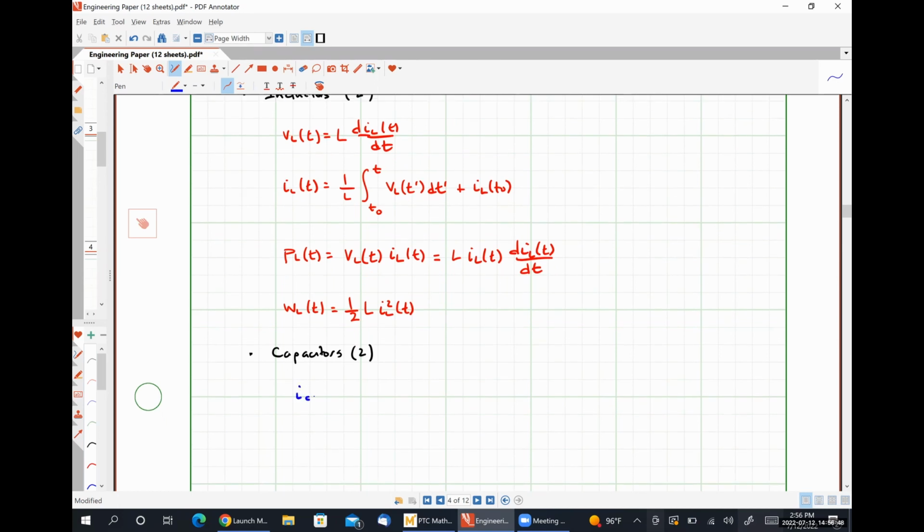So those are i_C(t) is equal to C dV/dt. v_C(t) is equal to 1 over C times the integral from t naught to t of i_C(t') dt' plus v_C(t naught).